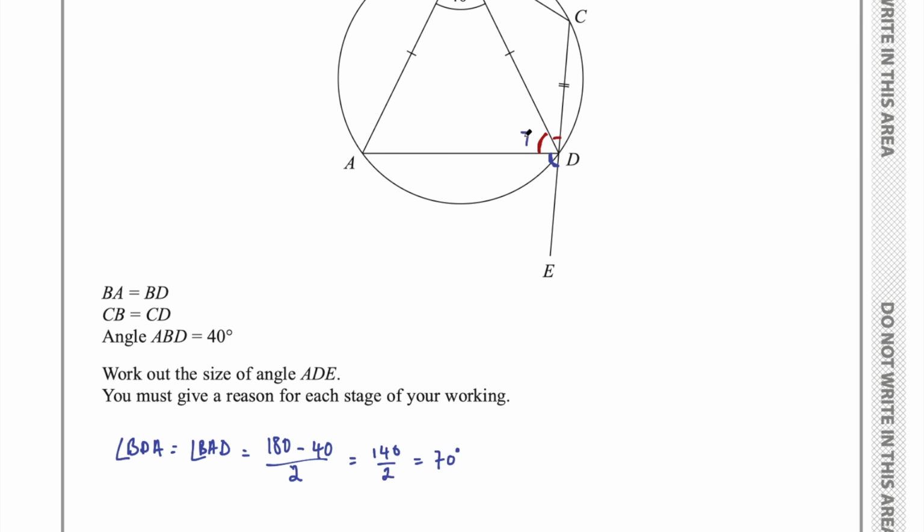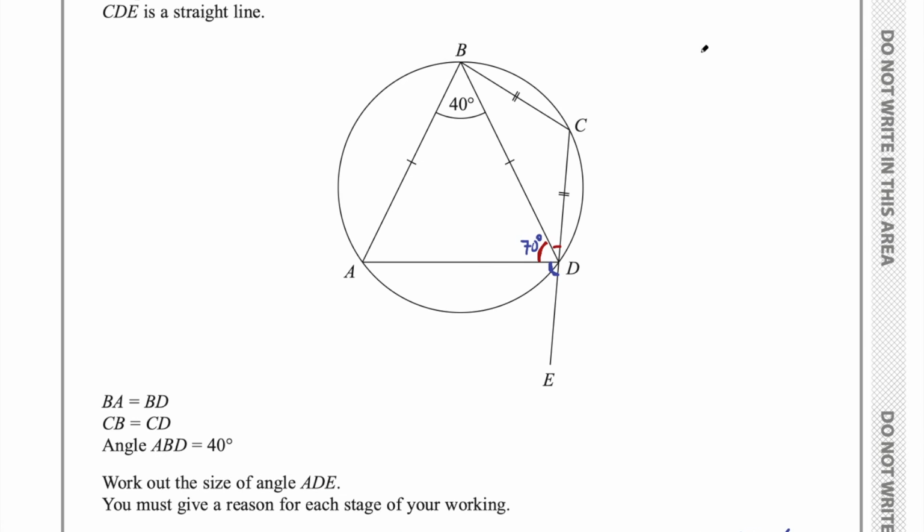So in here, this is 70 degrees. And this is based on the fact that base angles in an isosceles triangle are equal. So when it says you must give a reason for each stage of your working, make sure you're including some explanation as to why you're doing what you're doing.